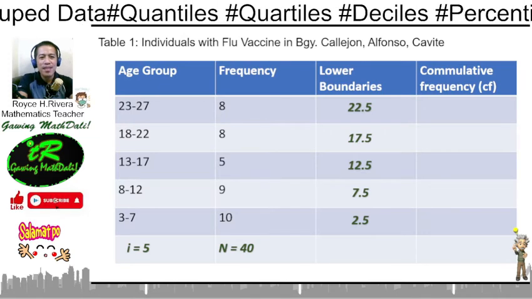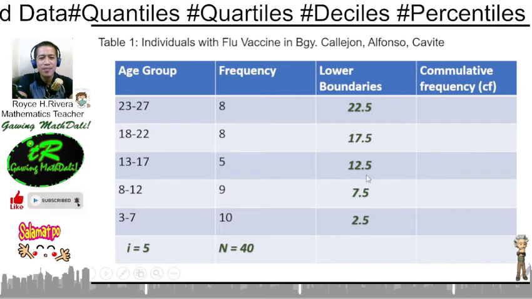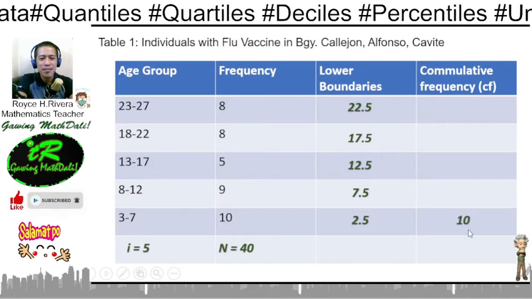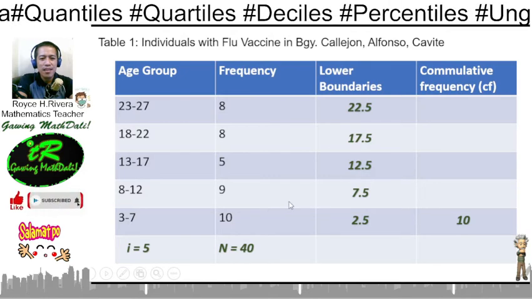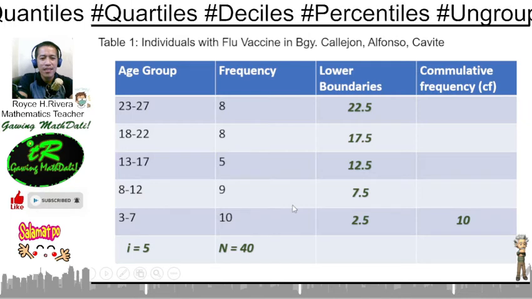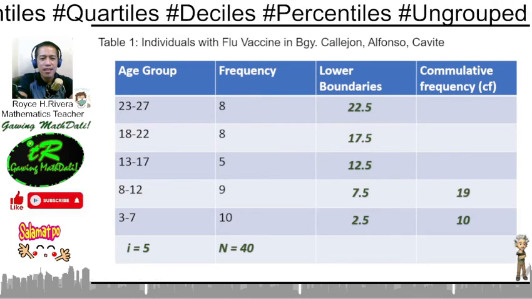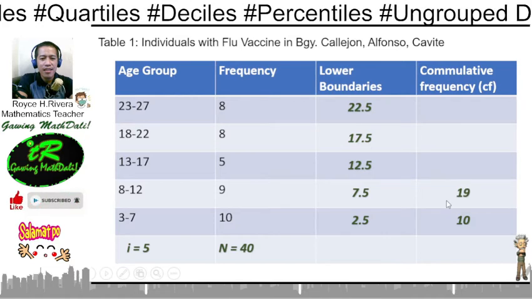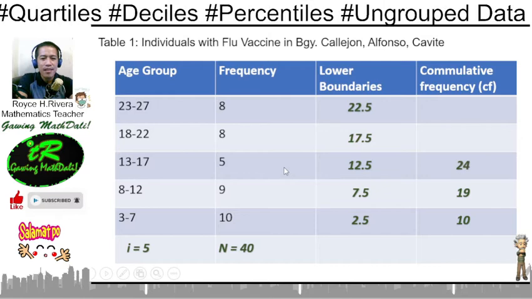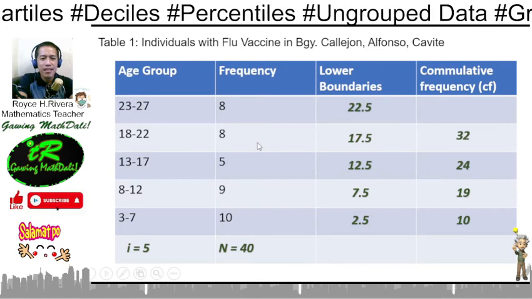For the cumulative frequency, let us start with the lowest age group. Copy the frequency for this age group. Then we add the frequency of the next age group. 10 plus 9 is 19. Then we continue the process. 19 plus 5 is 24. 24 plus 8 is 32.